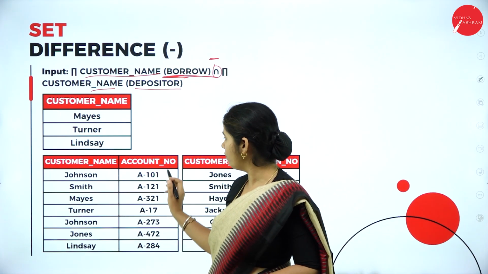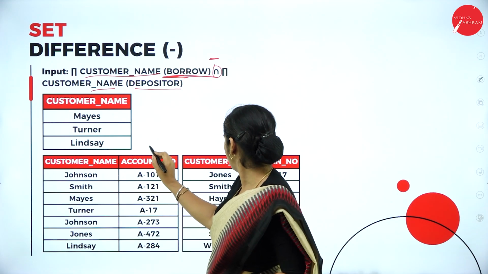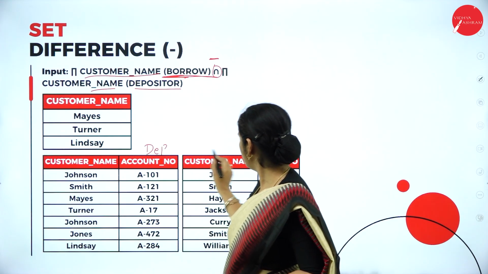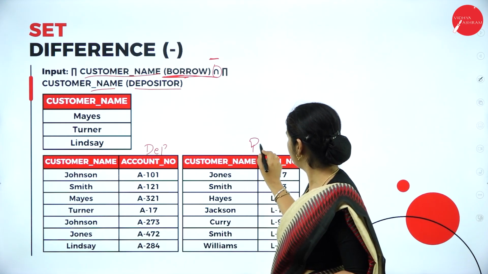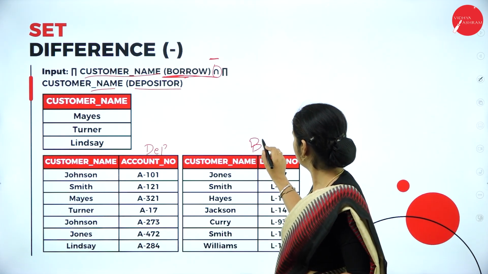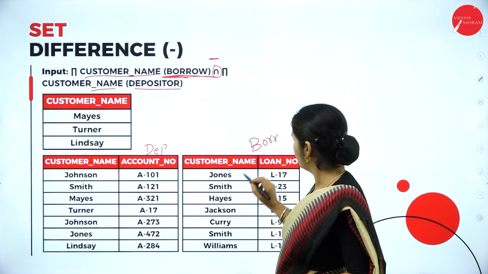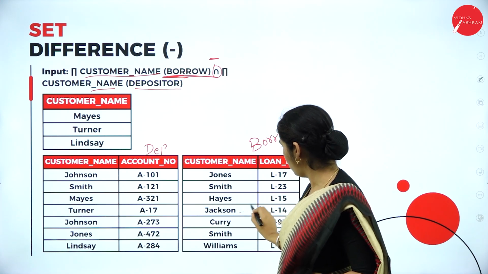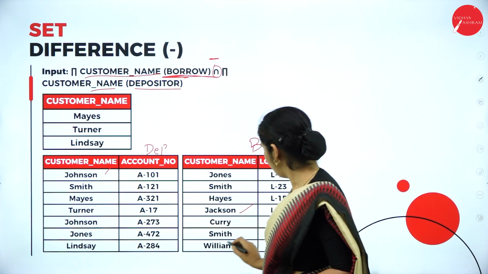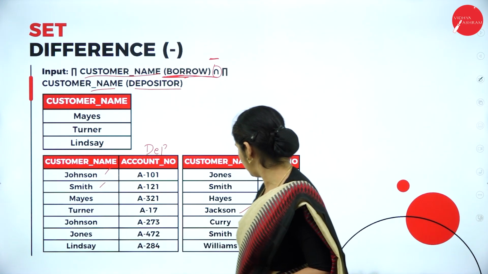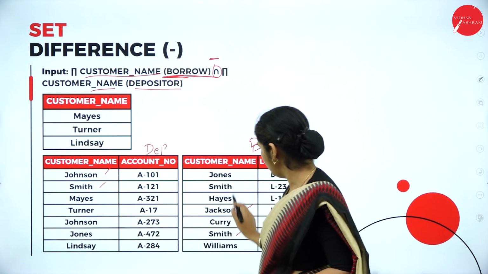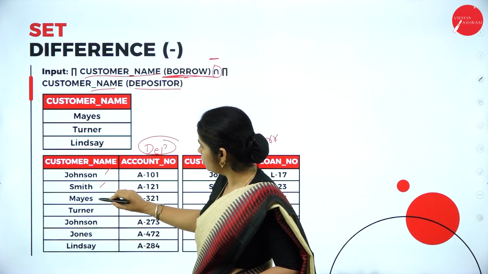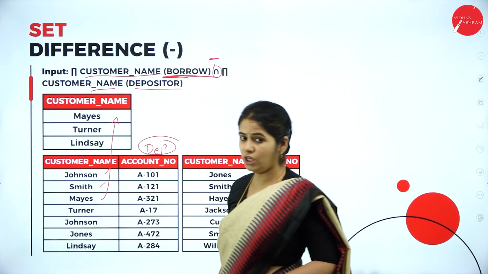Here we have two tables, the depositor table and the borrower table. See here, John is present here, John is also present here. Smith is present here, Smith is also present here. Mace is present here, but is Mace present here? No. It is present in only one table, so it goes to the project operation.